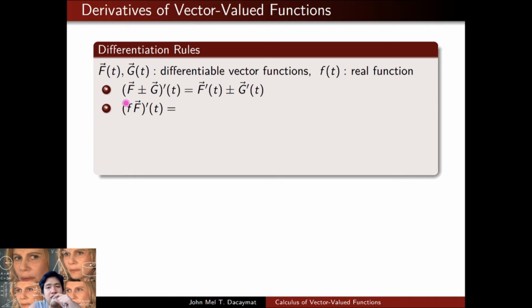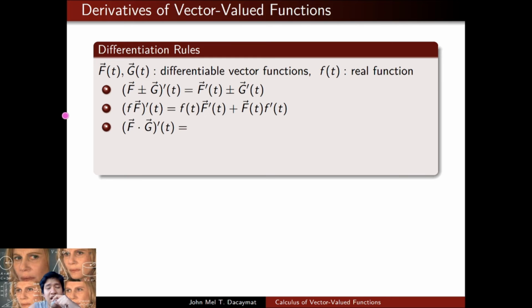If I have this real function small f times this vector function capital F, the answer is like the product rule: copy the first, the real function, times the derivative of the second, plus copy the second times the derivative of the first.